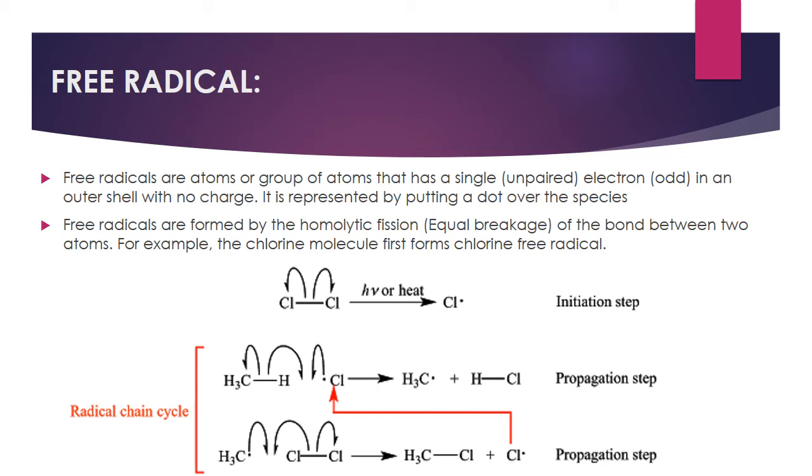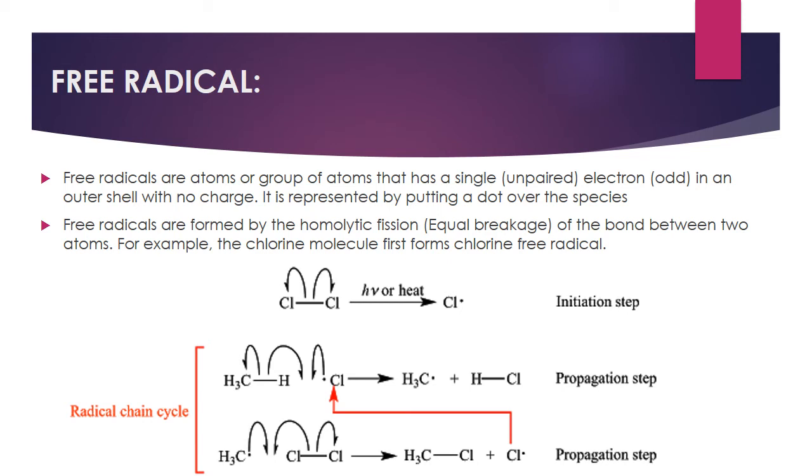For example, the chlorine molecule first forms chlorine free radical. How? This is the chlorine molecule, means two chlorine atoms are bonded in a molecule. So the breakage between the two chlorine atoms is known as the homolytic breakage. Why? Because as a result, both the atoms will get their electrons back, the unpaired one, so will form a free radical.